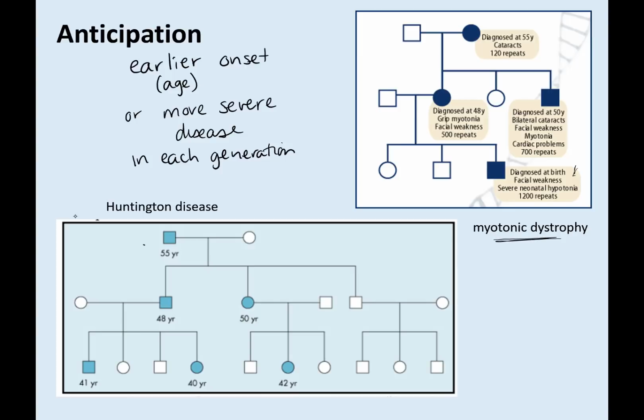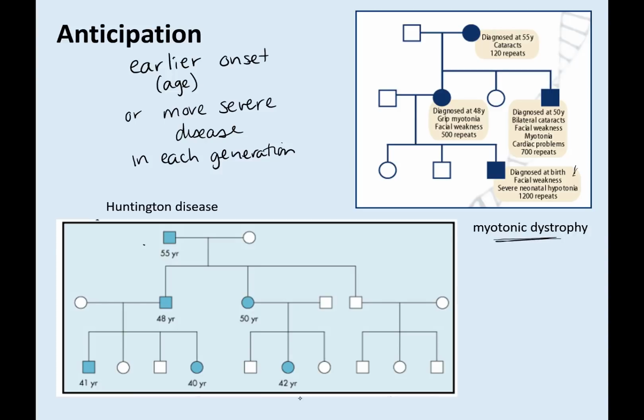Another one is Huntington disease, and what this pedigree is showing you is that the grandfather showed the disease at age 50. His grandchildren started showing it a little earlier. Their children started showing the disease even a little earlier.